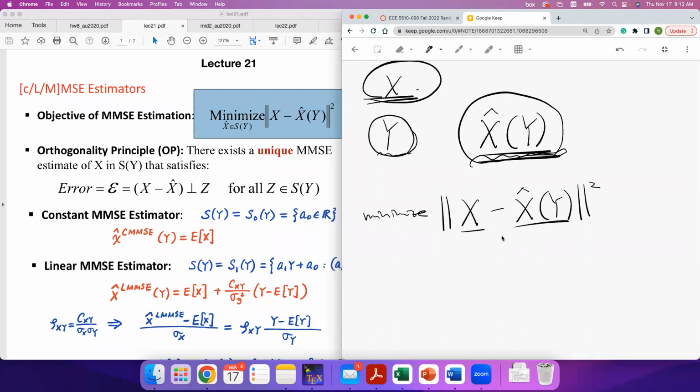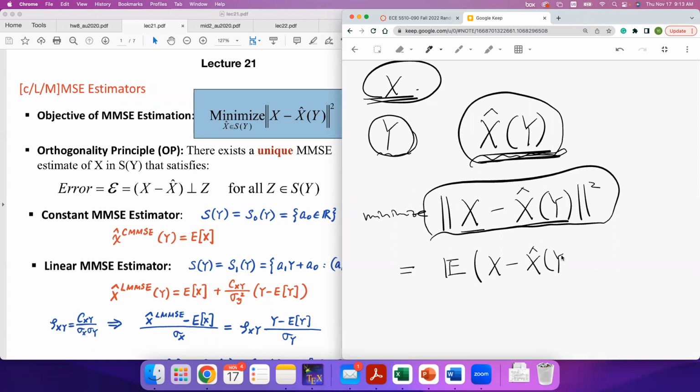We introduced this definition last time. Such a Euclidean distance in the probability space is denoted as the second moment. So this equals the second moment of the entire random variable.